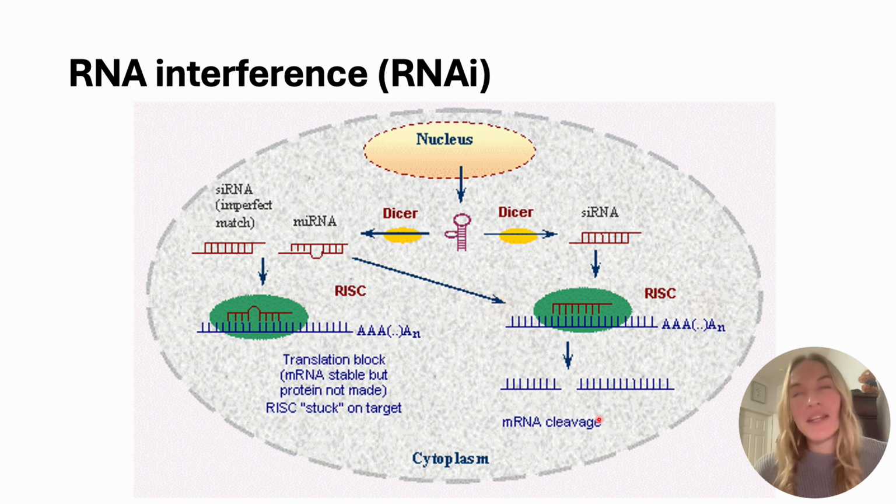Again, the mechanism is way beyond this course. If you're interested in it, it's actually a technique that you can use in the lab. I've done this. I used to knock out genes in algae, and so that was pretty fun. But the idea here is that you introduce an interfering RNA, and that will tell the cell essentially to degrade a piece of RNA that you don't want to be there. So then it won't express it.